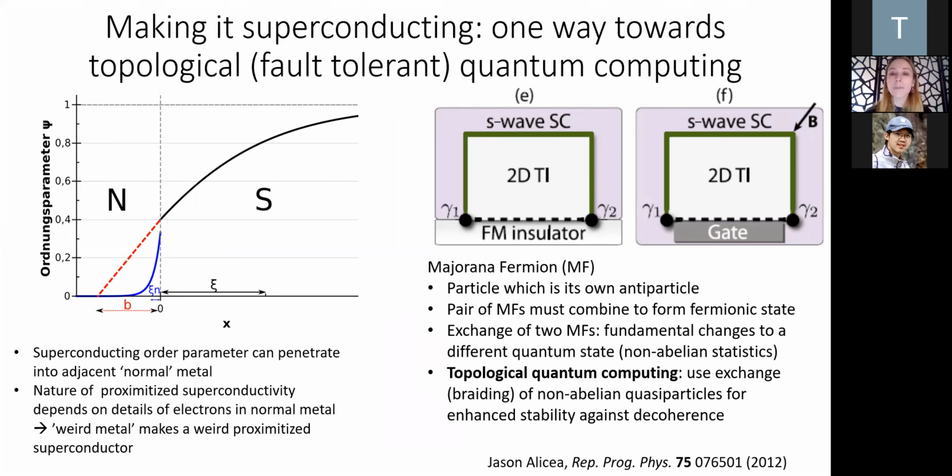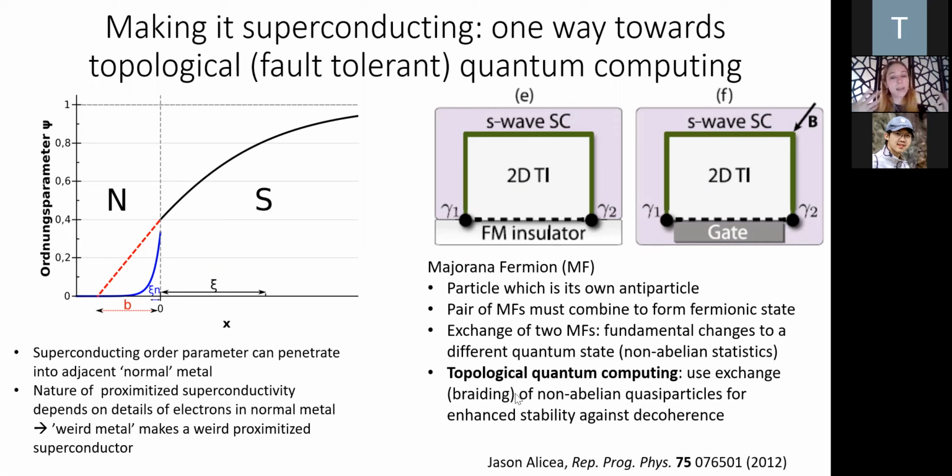For example, if you have a two-dimensional TI with a one-dimensional metal at the boundary, and you make that one-dimensional metal superconducting, then in order to potentially create Majorana fermions, you need to kill superconductivity on one segment. So you have a wire with a beginning and an end, and the Majorana fermions, or Majorana zero modes, can form at the end of this wire.